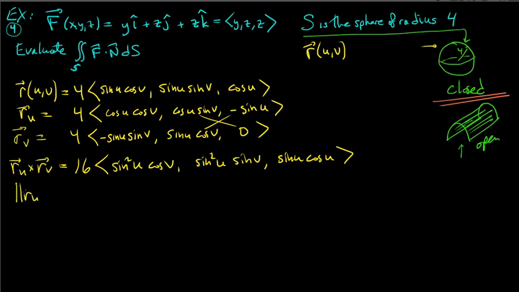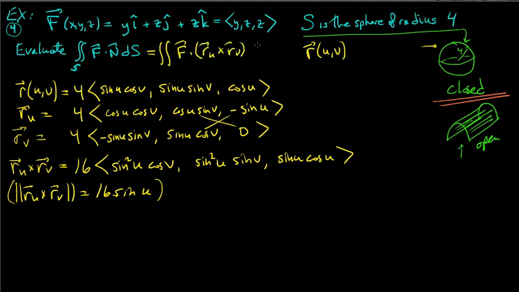Just to remind you, the magnitude is going to be 16, that's the r squared, times sine of u. But we really don't need this here because we're doing the flux integral. And to do the flux integral, you just take F dot the vector r_u cross r_v without the magnitude, dA.